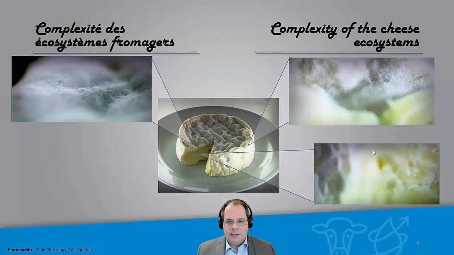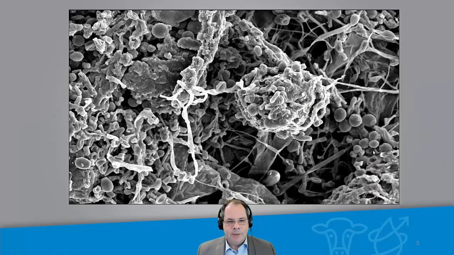And it's even more clear for specialty cheeses. On these images, you can see the mycelium that has grown at the surface of this type of cheese. If we now look at electronic microscopy, we can notice a number of microorganisms.